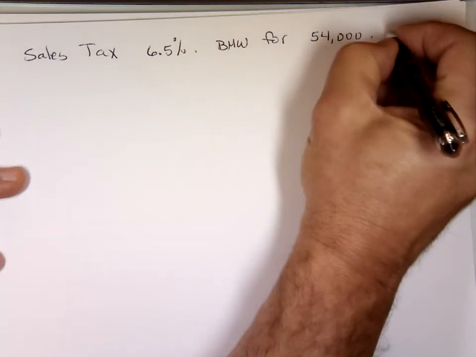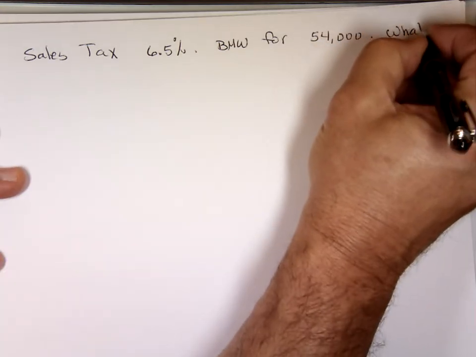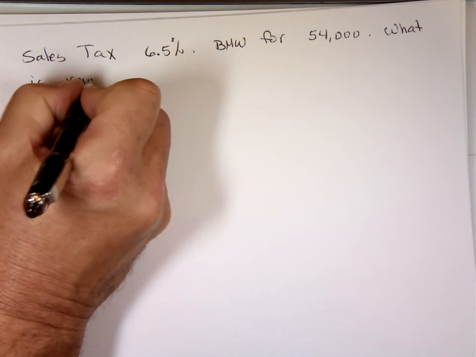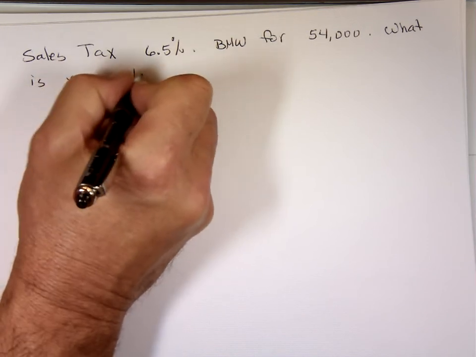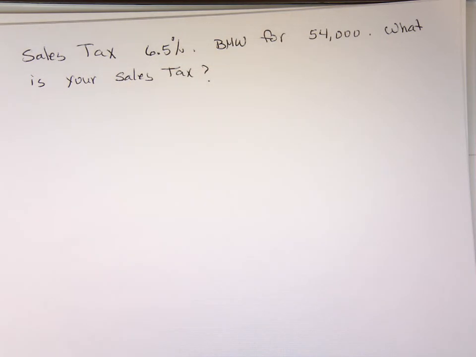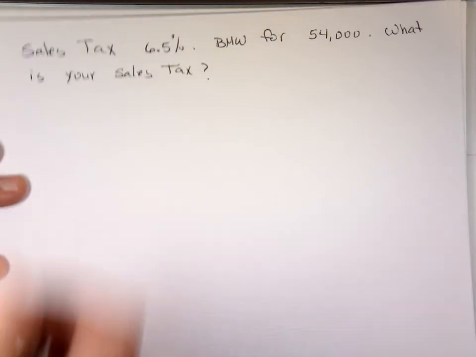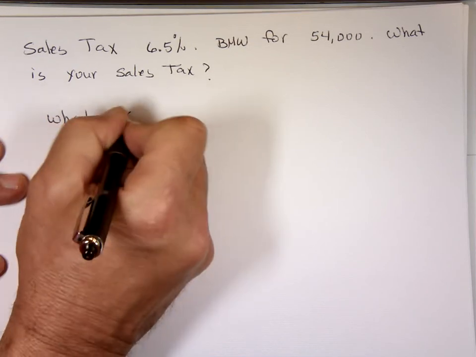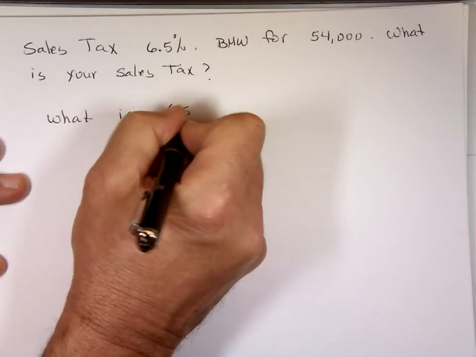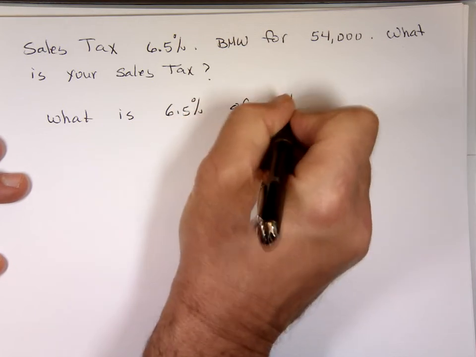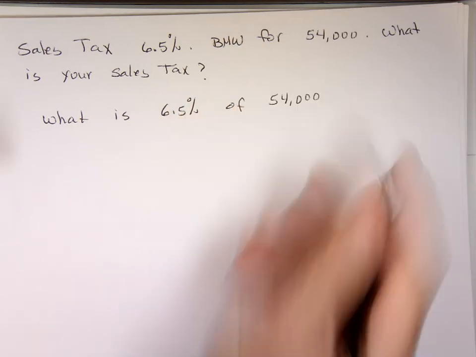What is the sales tax? Again, the question: what is 6.5% of 54,000? That's what your sales tax is.